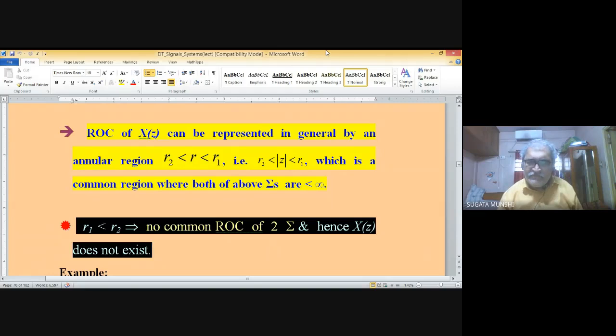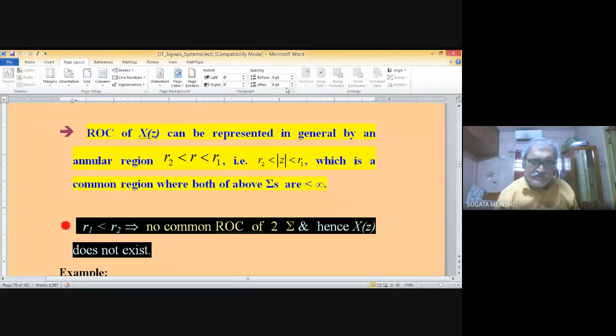Only if there is an overlap between the two regions of convergence, the Z transform of the entire sequence will exist. Otherwise, Z transform won't exist.